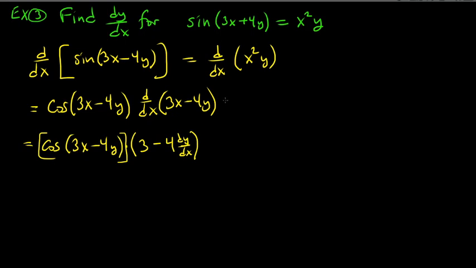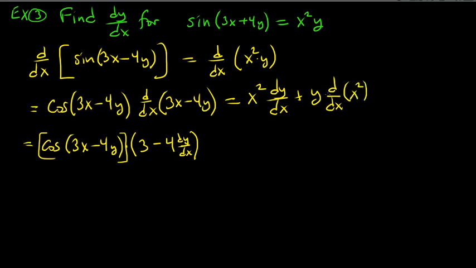All right, so now let's go to the right side and take the derivative of x squared times y. So it's not 2x times the derivative of y, because this is a product. We need the product rule. First times the derivative of the second, plus second times the derivative, not of x, but of x squared.